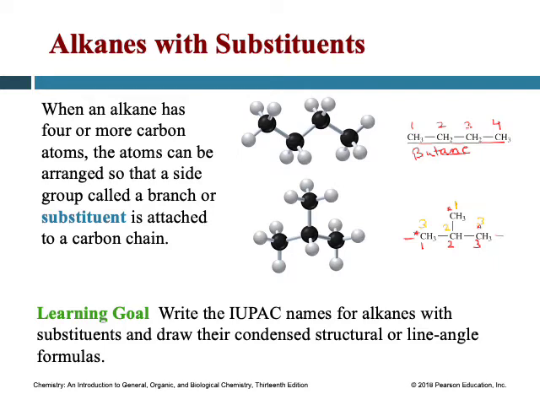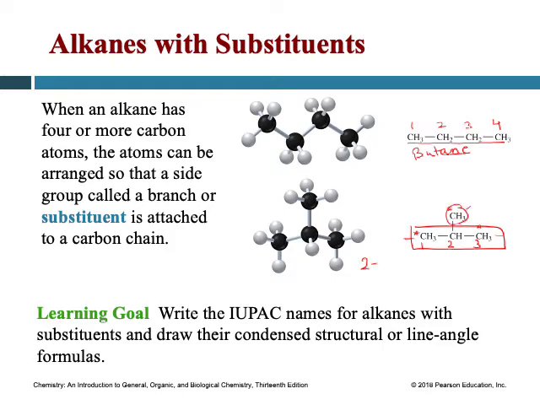And I already told you, if we have a choice, then always pick the straight chain, which is this one. And now we have to write the location of the substituent.